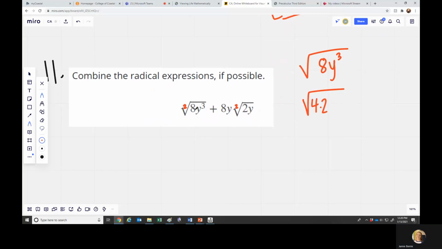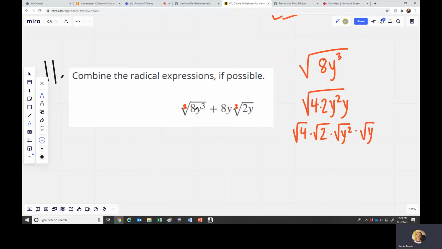And then similarly, we could do something for y here. We could break that up and write it as y squared times y, because we know the square root of y squared would just be y. Now I'm going to separate this into several pieces. We have the square root of 4 times the square root of 2 times the square root of y squared times the square root of y.